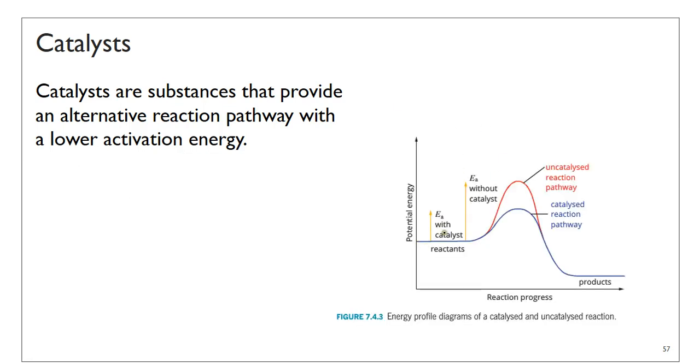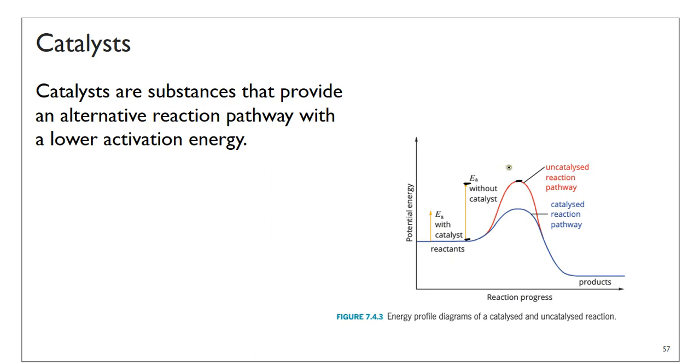So this is the energy profile diagram again, and you can use it to represent how a catalyst works. We have a reaction going to product. The activation energy without a catalyst is going to be this high, so you need this much energy to be absorbed in order to get to the transition state.